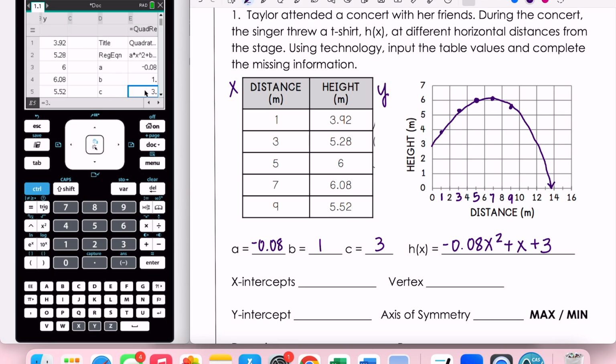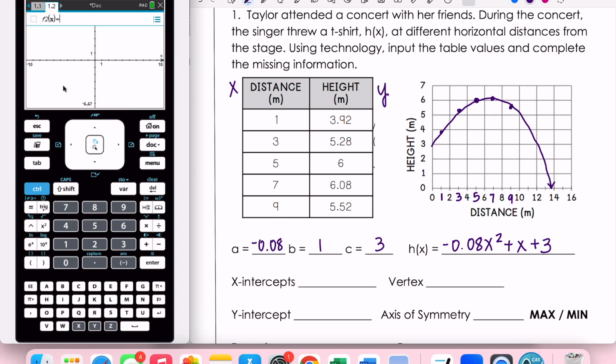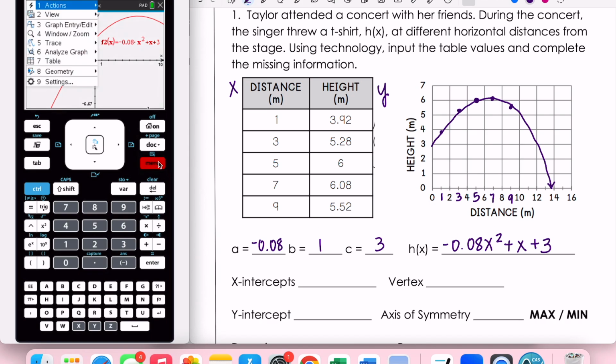But from here, guys, to identify these features, we're going to open up a graphing window, and we are going to type in the function. So negative 0.08x squared plus x plus 3. When I press enter, this is what my graph looks like. Now, I cannot see the full shape of my graph, so I'm going to zoom out by pressing menu 4.